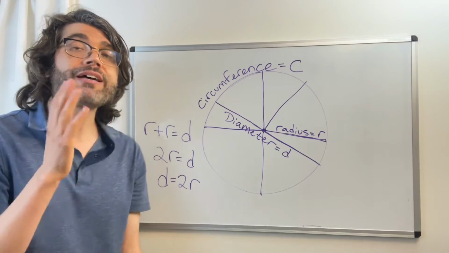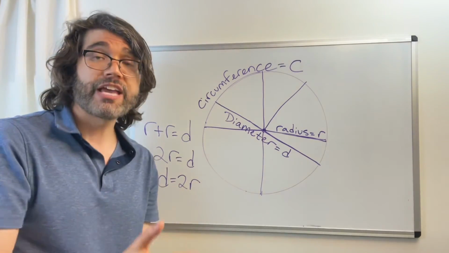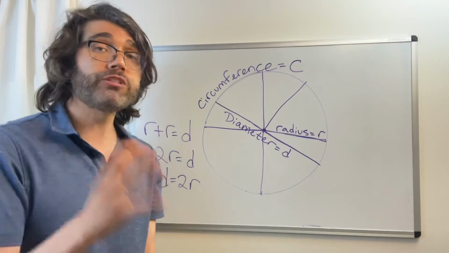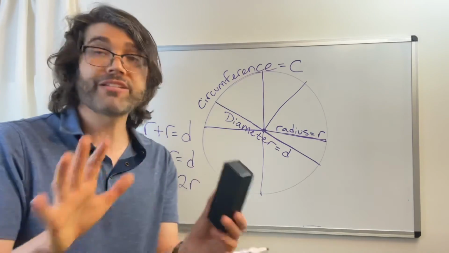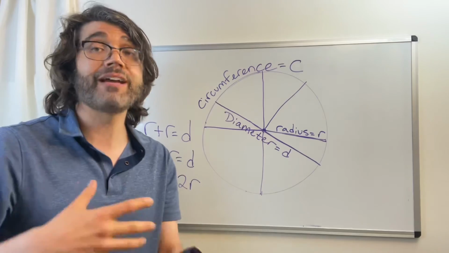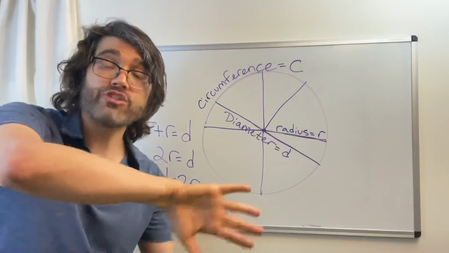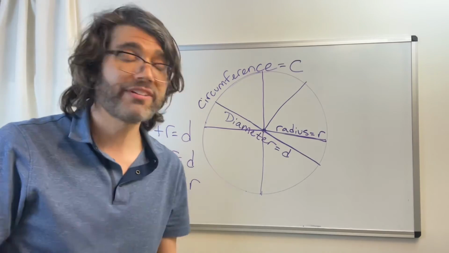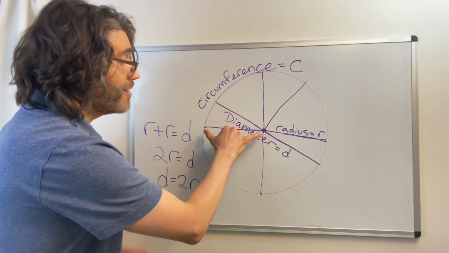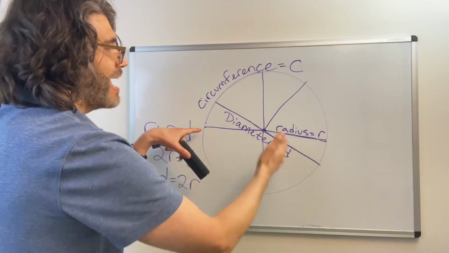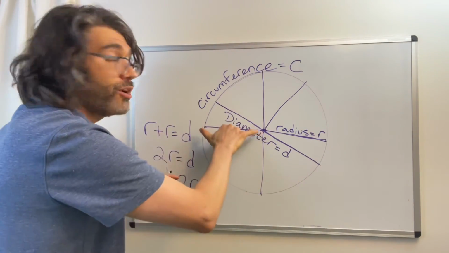So if you cut a diameter in half, if you divide it by 2, if you multiply it by half, these are all things that are the exact same thing. I'm just saying the same thing in a different way. Take a diameter that's sliced, and you just take half of it. What do you have? You have a radius. If you take a diameter and you cut it in half, you have a radius.